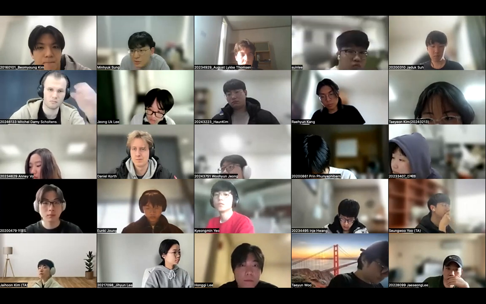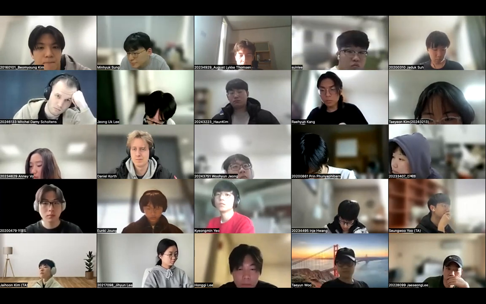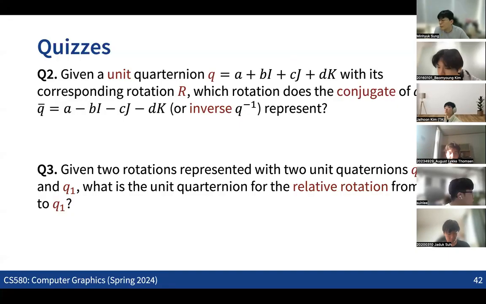Can you see my slide? You can check the multiplication of the two quaternions and see whether it is the same as the quaternion of the 120-degree rotation. Cool.